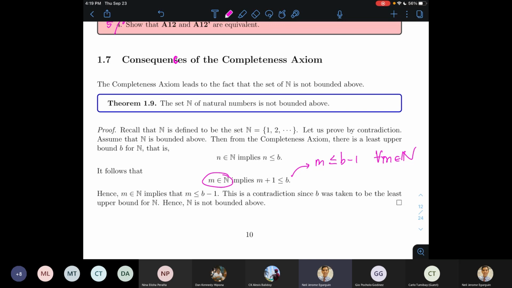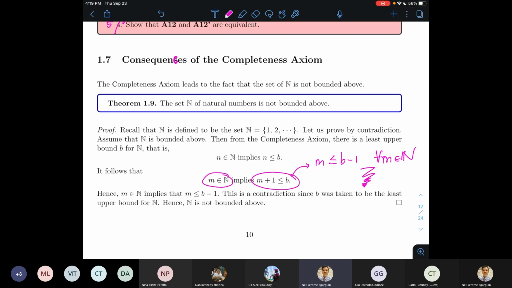Ibig sabihin, pagka nag-subtract lang ako ng 1 to both sides, or if you want to be technical about it, when I add the inverse of 1 to both sides of the inequality, I'm going to get m less than or equal to b minus 1, and that will be true for any arbitrary m in n. Okay? But there, we notice a contradiction.